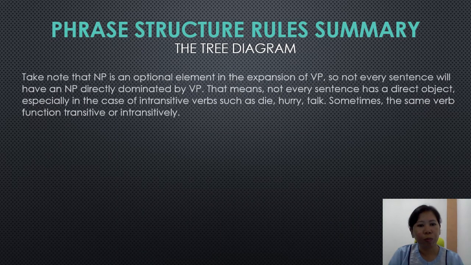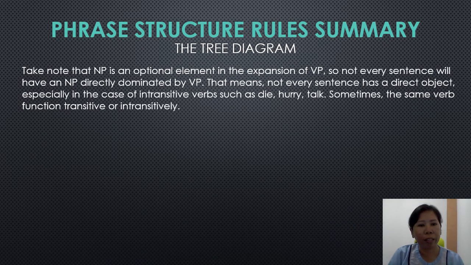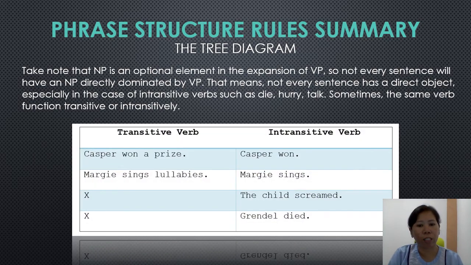So take note that a noun phrase is an optional element in the expansion of the verb phrase. So not every sentence will have a noun phrase directly dominated by the verb phrase. That means not every sentence has a direct object, especially in the case of intransitive verbs such as die, hurry, talk. And sometimes the verb functions transitively or intransitively.